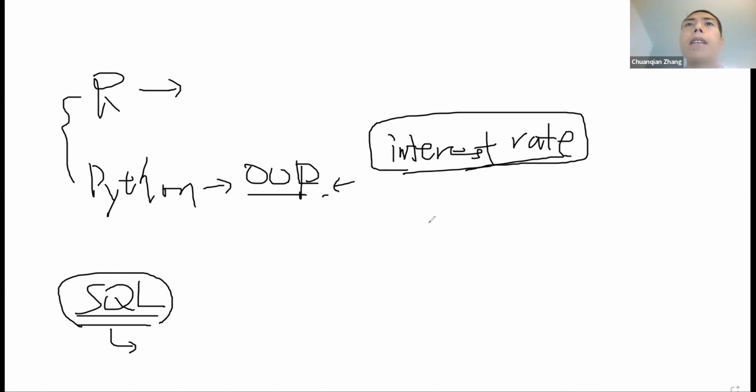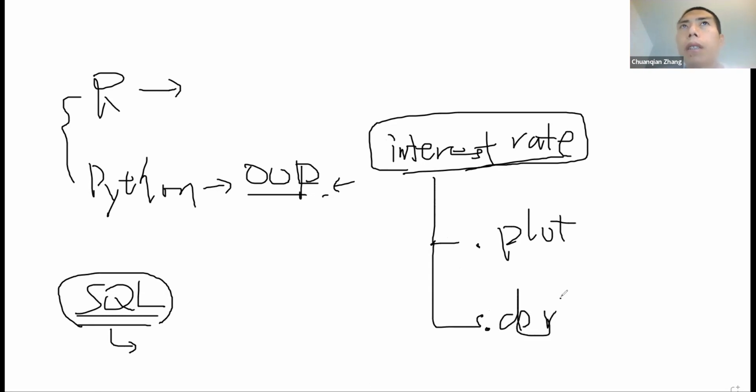Under this object, we have many functions. For example, for the interest rate I want plotting, which is probably the simplest way. We also learned plotting in R. We also have another function, I want a derivative.